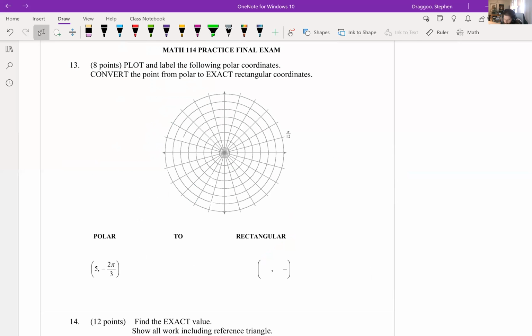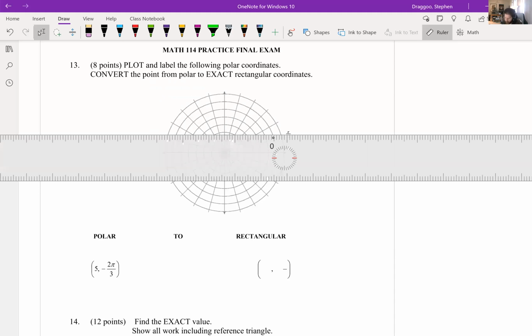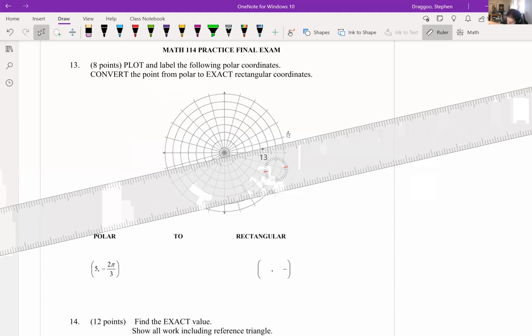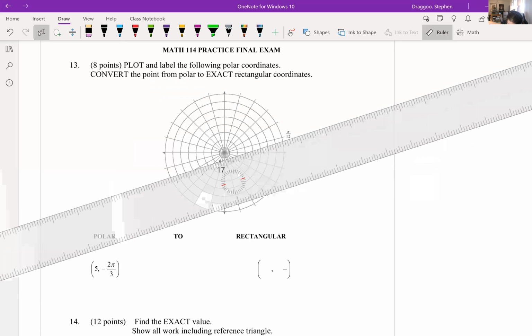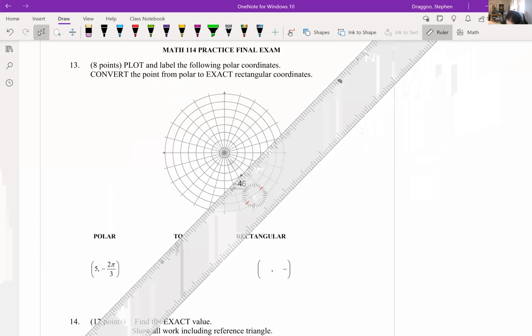8. Plot and label the following polar coordinate, and then convert it to rectangular coordinates. So start by looking at negative 2 pi over 3. It'd be the same as 4 pi over 3.